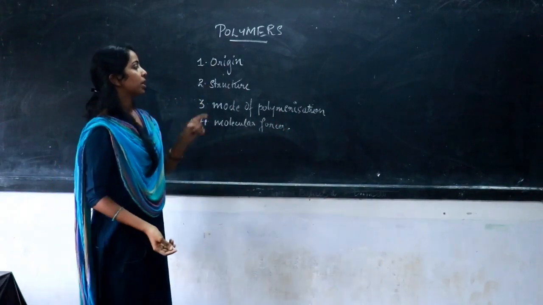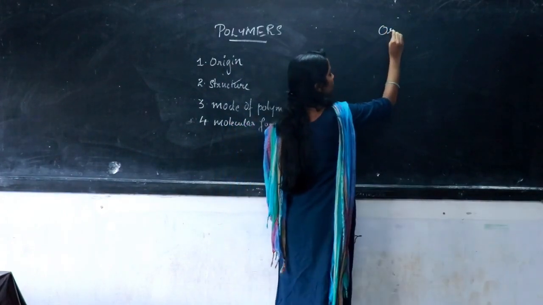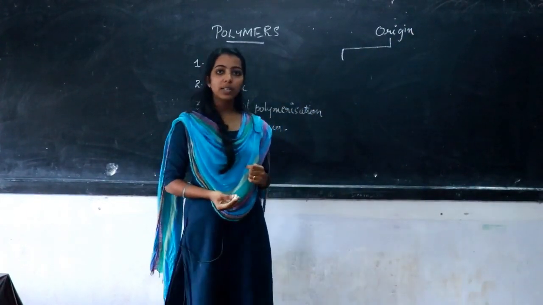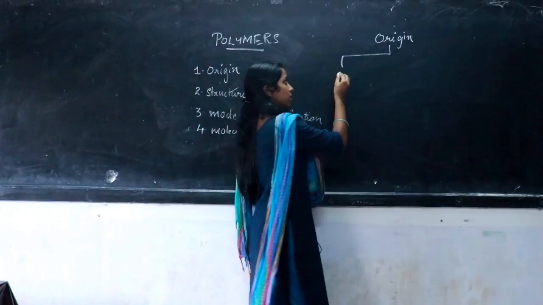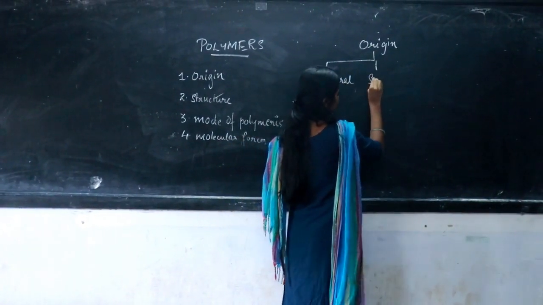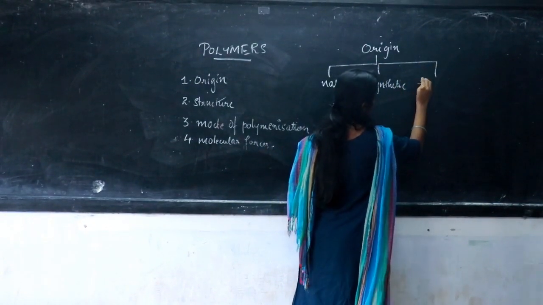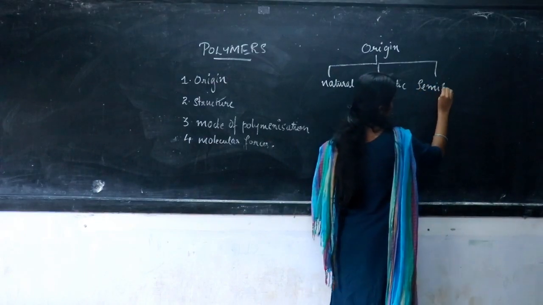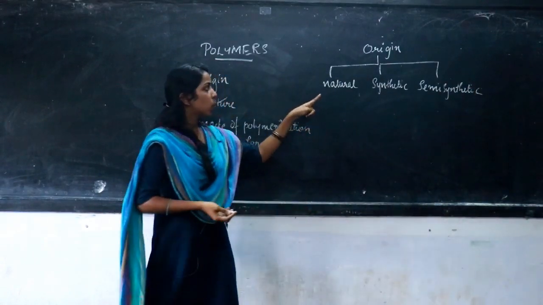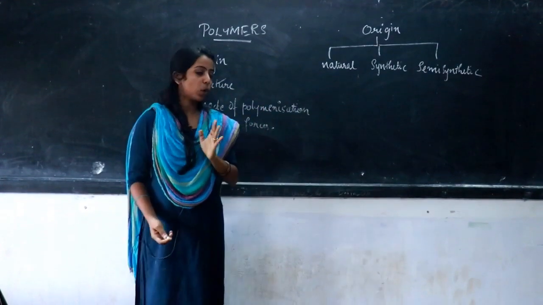Now based on origin, polymers are classified into three types. They are natural polymers, synthetic polymers and semi-synthetic polymers. From the word natural itself we can understand that the polymer will be obtained from nature.